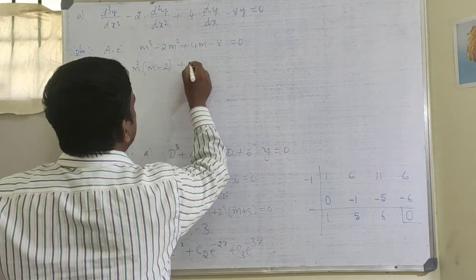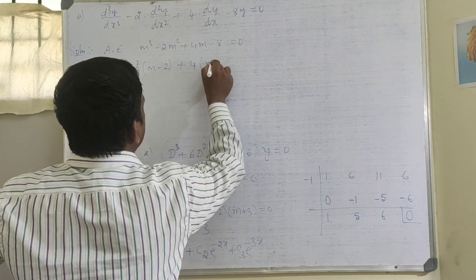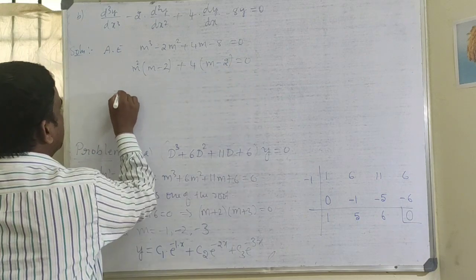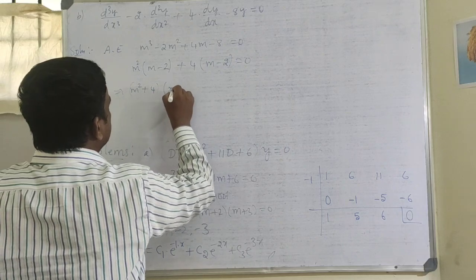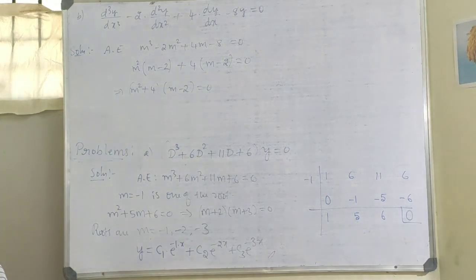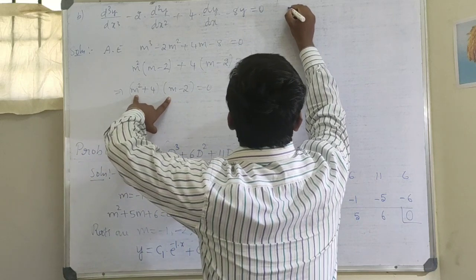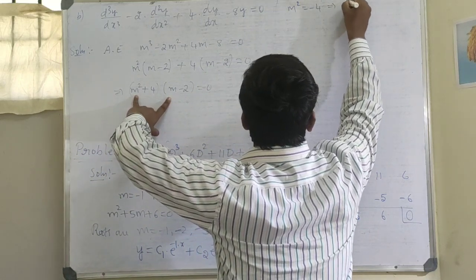Here taking 4 outside, I'll get m minus 2 equal to 0. So (m square plus 4) into (m minus 2) equal to 0. So solving this, we get complex roots. m square plus 4 equal to 0 implies m square equal to minus 4, that implies m equal to plus or minus 2i.